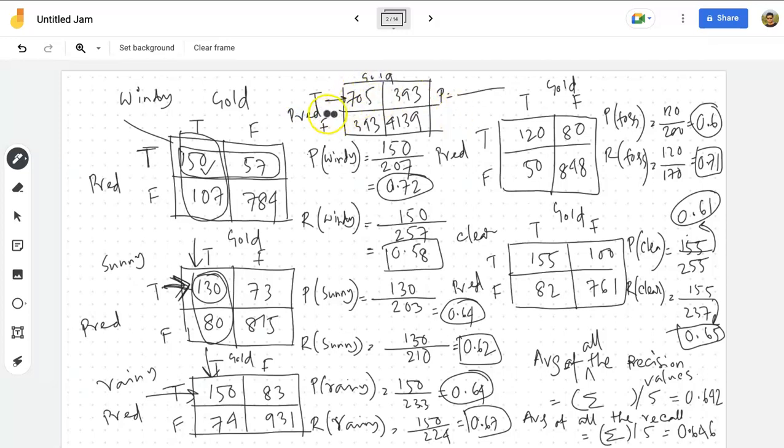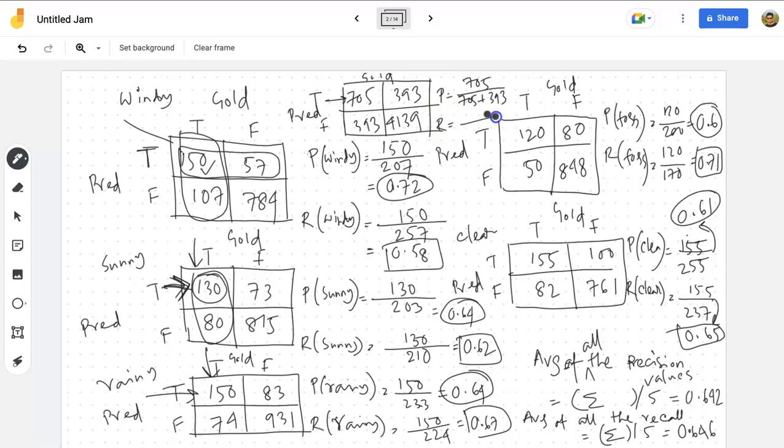So total number of times you predicted true, so this thing. In the denominator, the total number of times you predicted this thing, so it will be 750 plus 393, and in the numerator it will be when the true prediction and the gold label are same. So it will be 705.